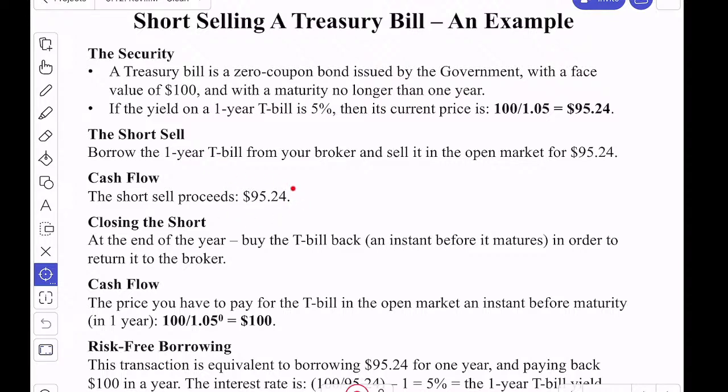Because we're looking at the next best opportunity. So at the end of the year, you have to buy the T-bill back an instant before it matures in order to return it to the broker. The price you will have to pay for it, remember, is going to be the $100. That's the face value just before it matures.